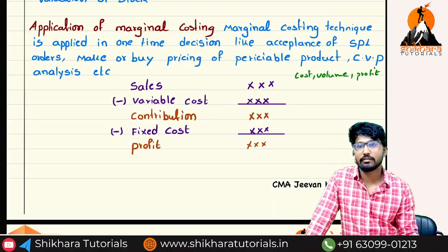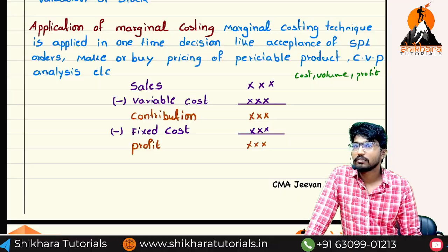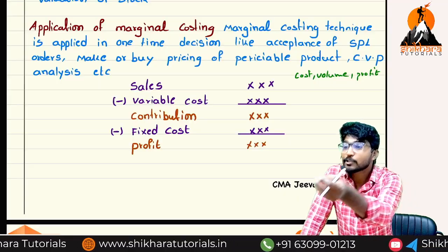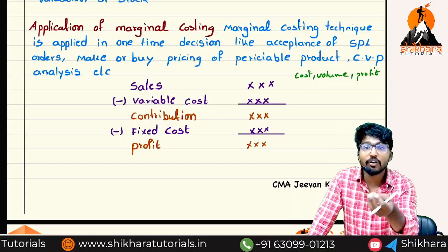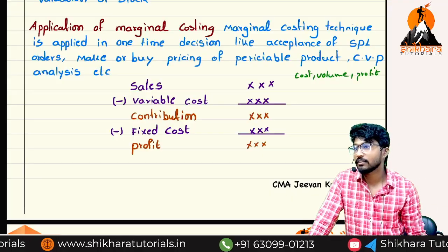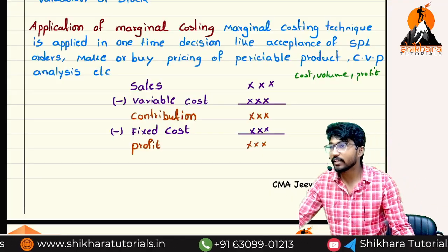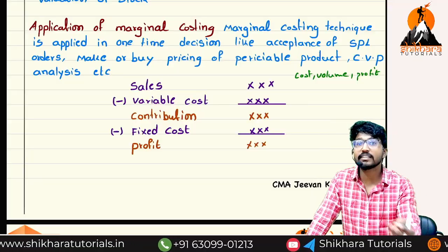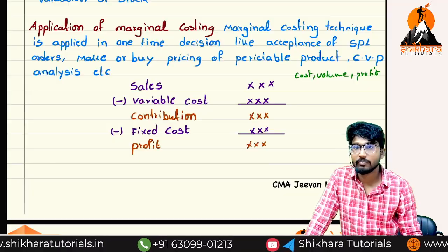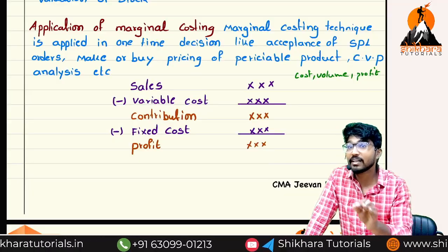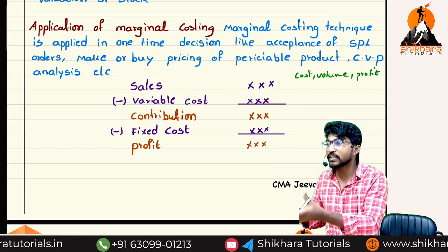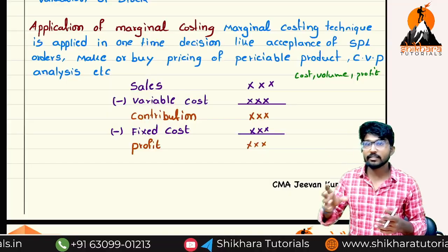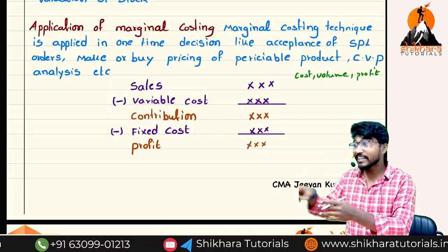Elements of cost is nothing but where we are incurring the expenses, in what form. Is it in direct material form, or direct labor form, or indirect expenses form, like overheads? This is called elements.